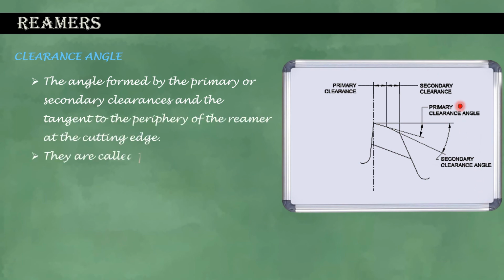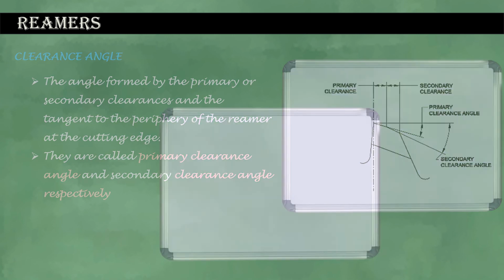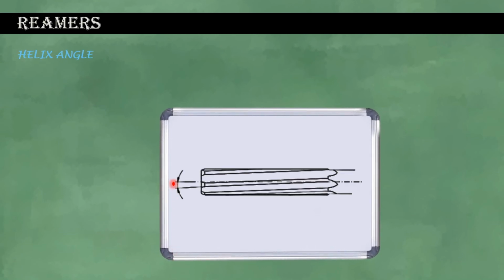They are called primary clearance angle and secondary clearance angle respectively. Helix angle. The angle between the edge and the reamer axis.